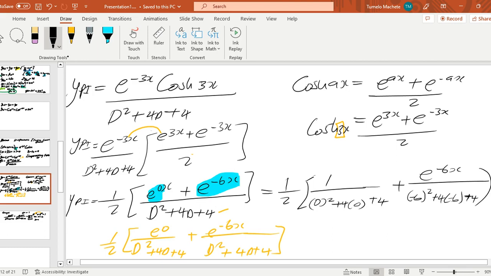Then you're going to get 1 over 2 as your answer. Okay, let's remove this one. We don't need this. I was just showing you that you're going to split it like that.